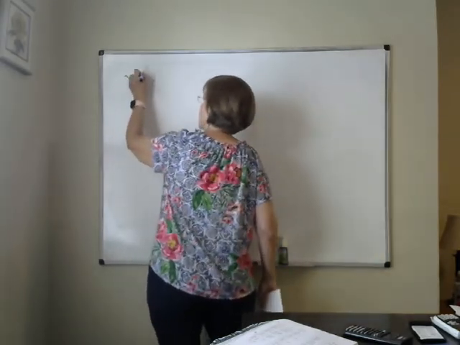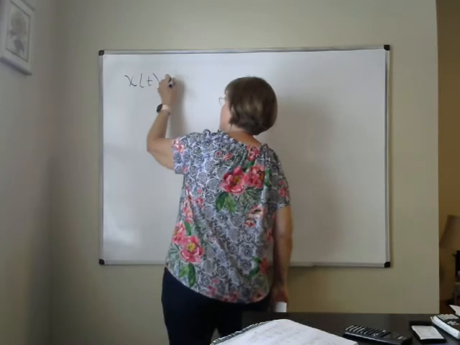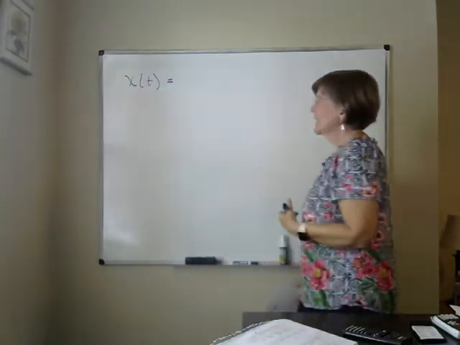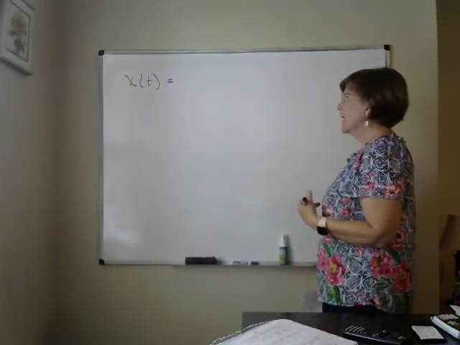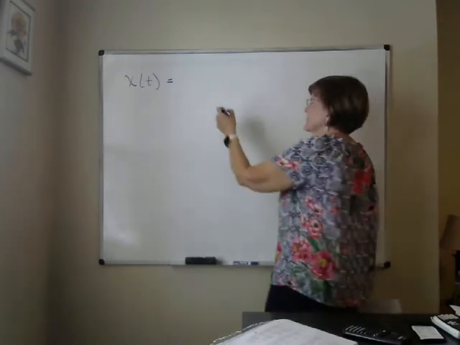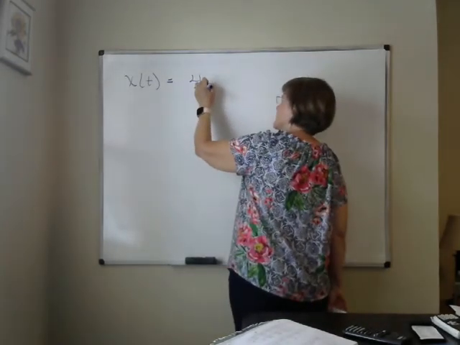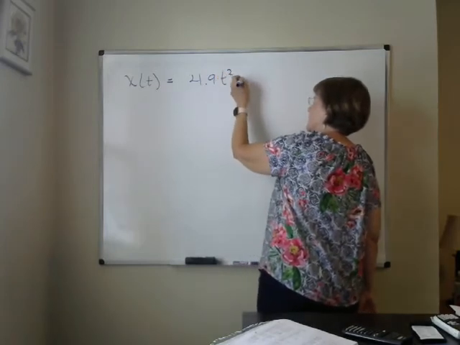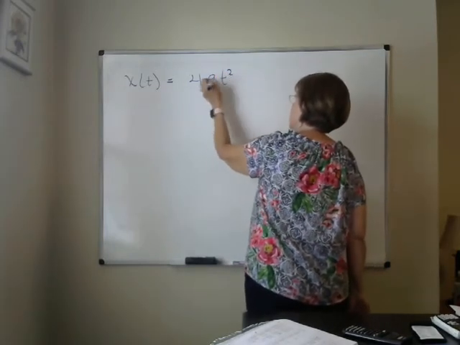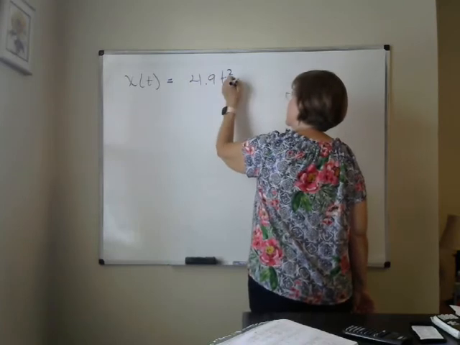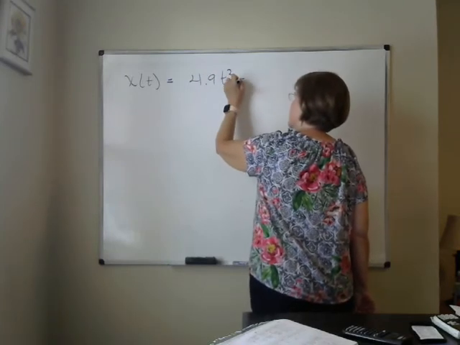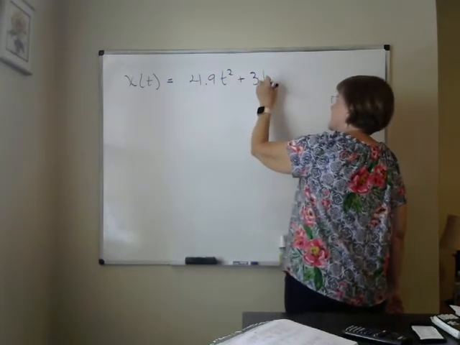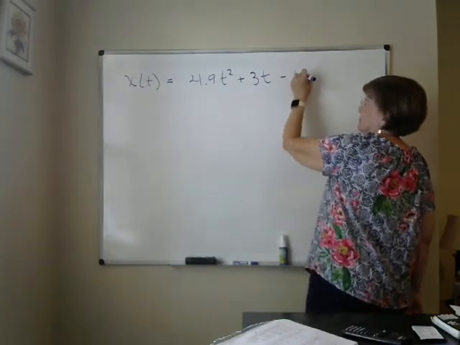Suppose I tell you that I have a position function that's represented by 4.9t squared plus 3t minus 18.